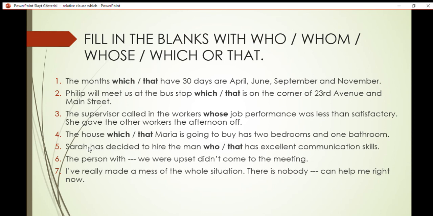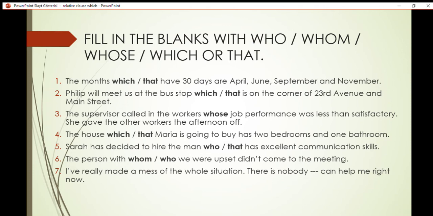And second, we can simply use who, right? So, the person with whom we were upset didn't come to the meeting. And as we said, whom is formal, whereas in everyday language, many people prefer to use who instead of whom.